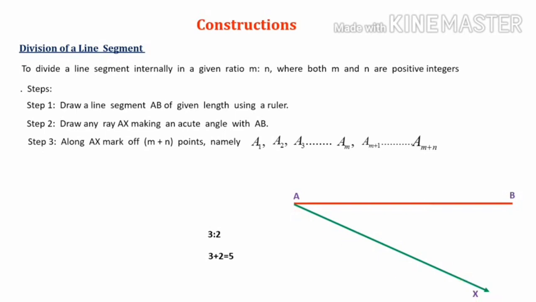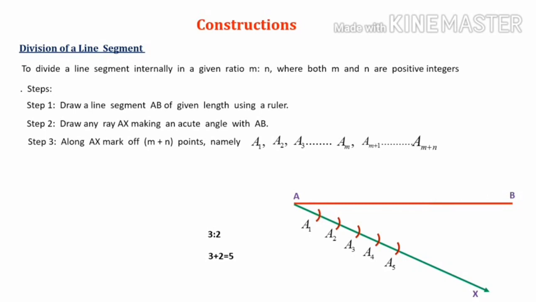How to mark in the sense, you know how to draw the arc. Just take the compass and take a particular length in the compass. Any length you can take according to the convenience. So using that particular length you have to draw the arcs along AX. Means first you have to start from A with that radius and draw an arc here.